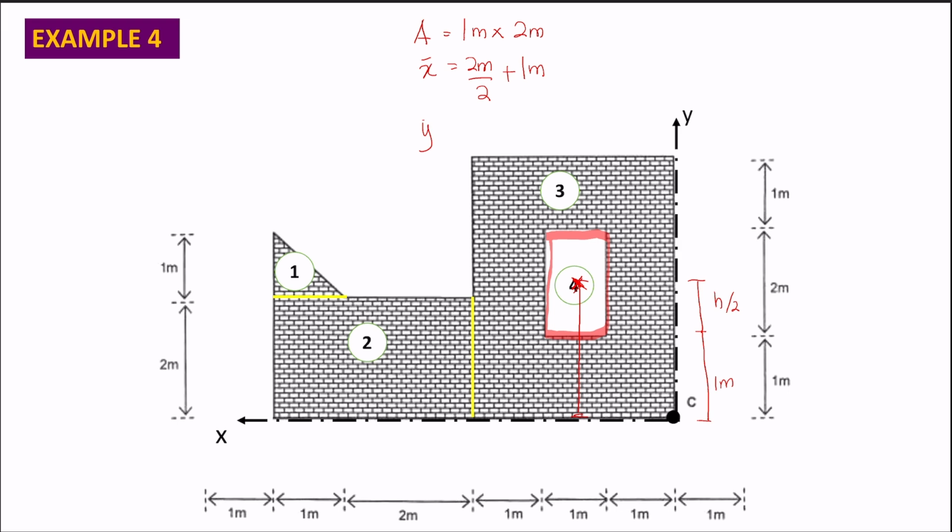And for the y bar, the distance is going to be half of the breadth of the rectangle, which is B divided by 2, and plus dengan another distance here, 1 meter to get to the y-axis. 1 meter divided by 2 plus 1 meter.